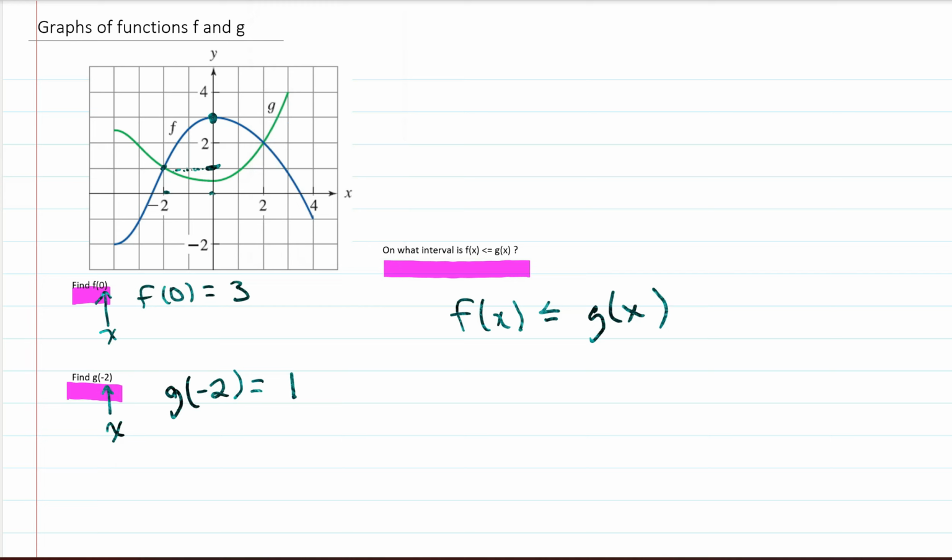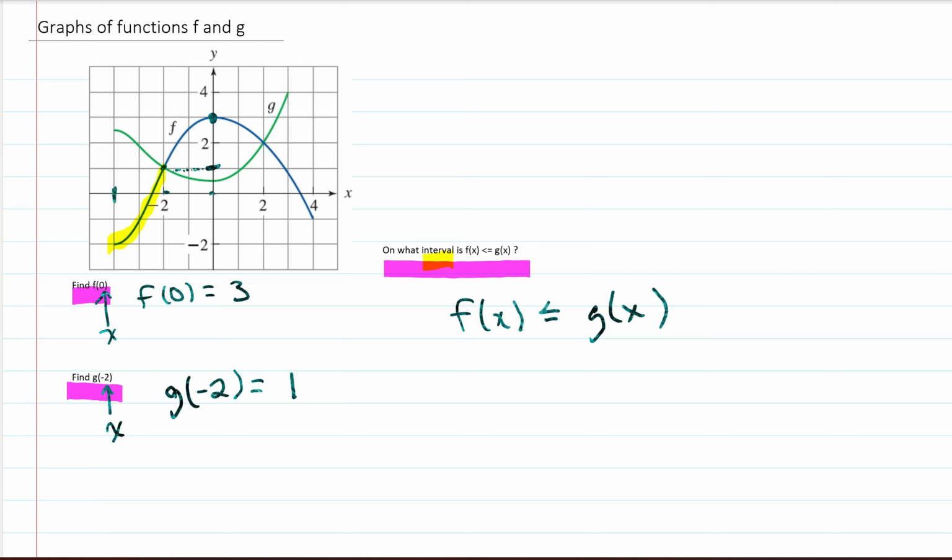And we're going to say, okay, f of x is in blue, g of x is in green. So right here, from here to here, this is below the green. That blue is below the green. So we're saying what interval. So when we say what interval, the intervals are the x values.